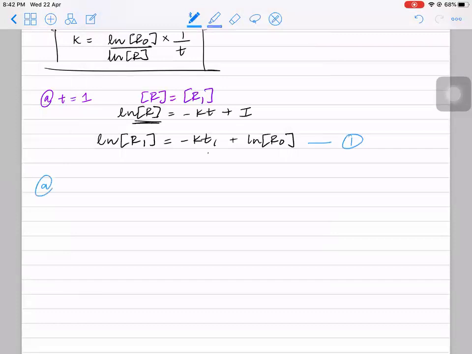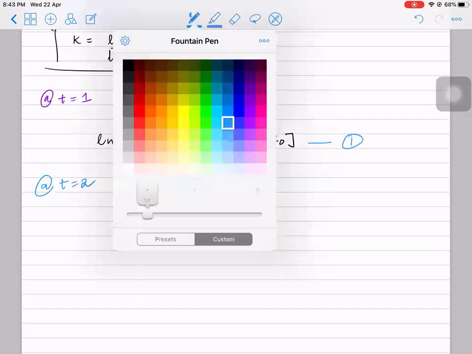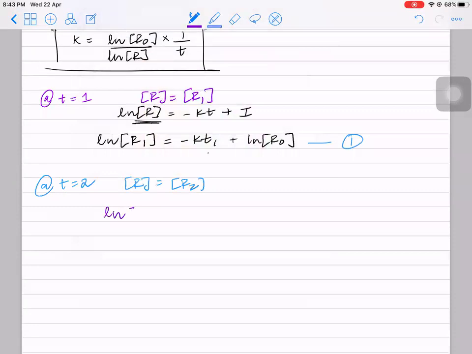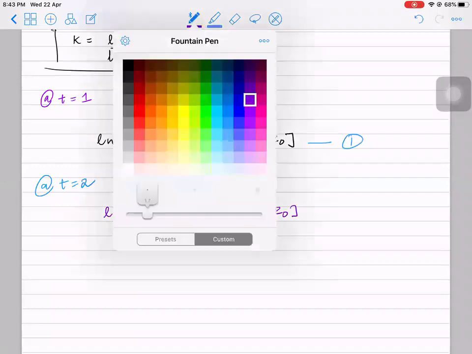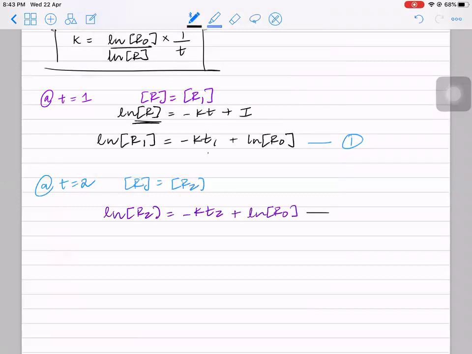Let me find the equation at t2, right? Let me say at t2 my R is equal to R2, and I'll do the same thing here. What will be my equation? It will be ln R2 is equal to minus kt2 plus ln R naught. Obviously all of this is not required for you to know, but it's the derivation which I need to do in order to get to the final equation, right? So this becomes my second equation.